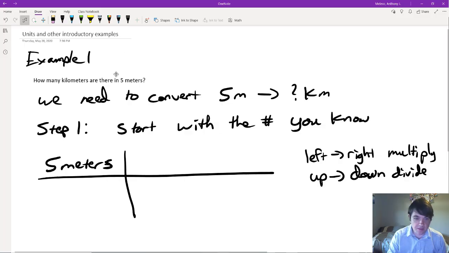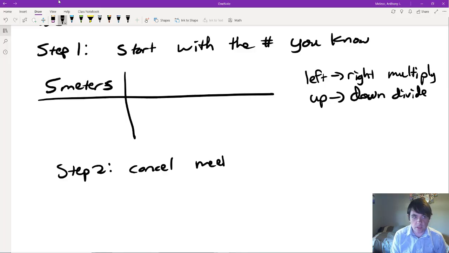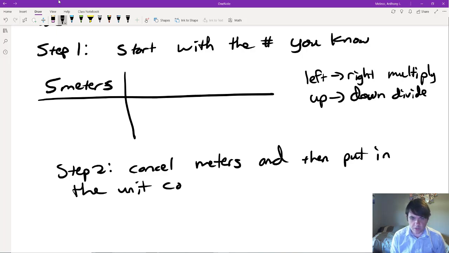So the next step, step 2, cancel meters and then put in the unit conversion for kilometers.